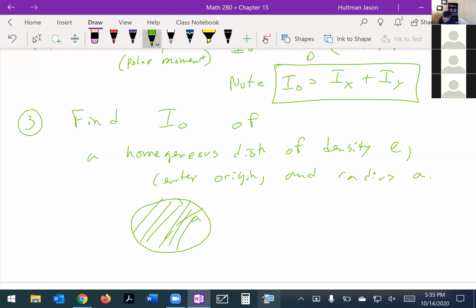Think of it like a piece of paper, or think of it like a piece of metal, all made out of the same metal. So this is homogeneous. So we're just saying that it has density rho. Then rho is just some constant density, like maybe 2.5 or 2.37 or whatever it is. It's a constant density rho.